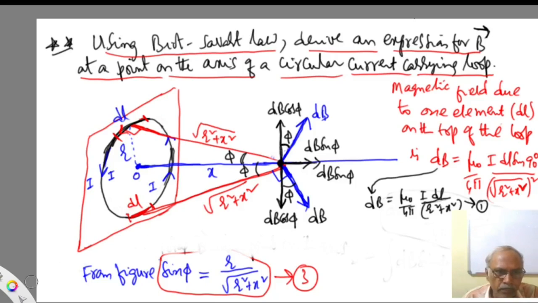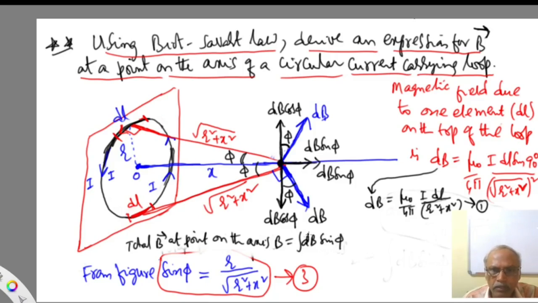So total field at P, B, is equal to the integration of dB sin phi, and from the figure sin phi is equal to r by root of r square plus x square. Is it okay?